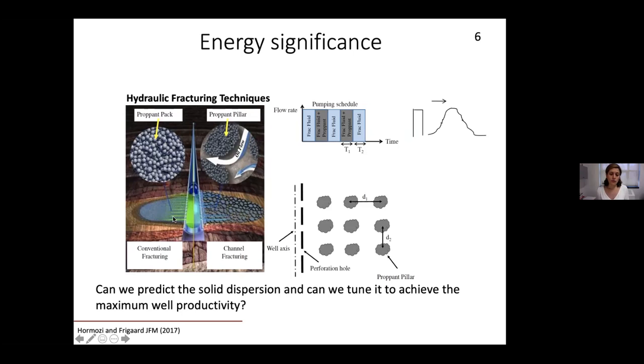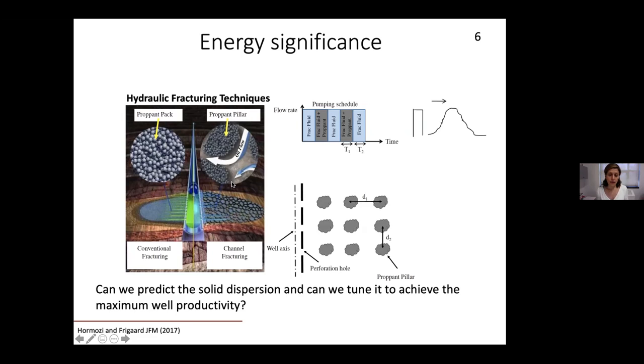The idea is to create fractures in the reservoir, and when the pressure is released, the grains of particles are left behind, and the hydrocarbon can flow through this porous medium. And that enhances the efficiency of the reservoir.